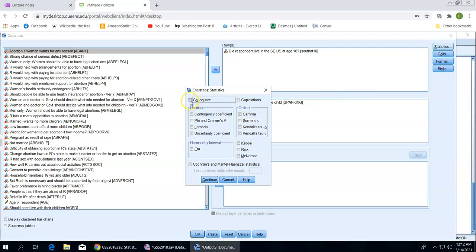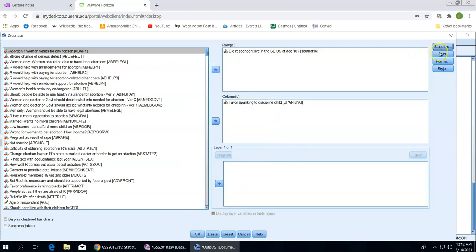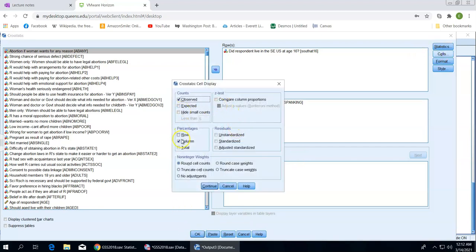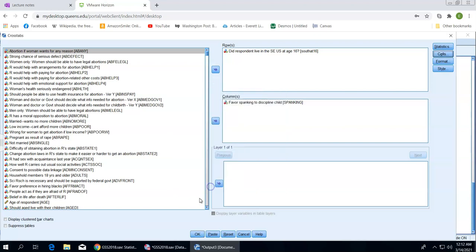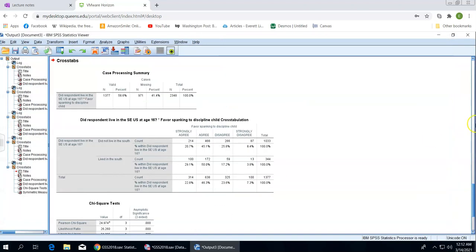Under statistics, we're going to want to click chi-square, and then this here, which is phi and Cramer's V. Cramer's V is going to be our measure of effect size. All right, click OK. And then I suggest deciding which one you want to see, row versus column percentages, and then selecting that one. And here we wanted to see row percentages. All right.